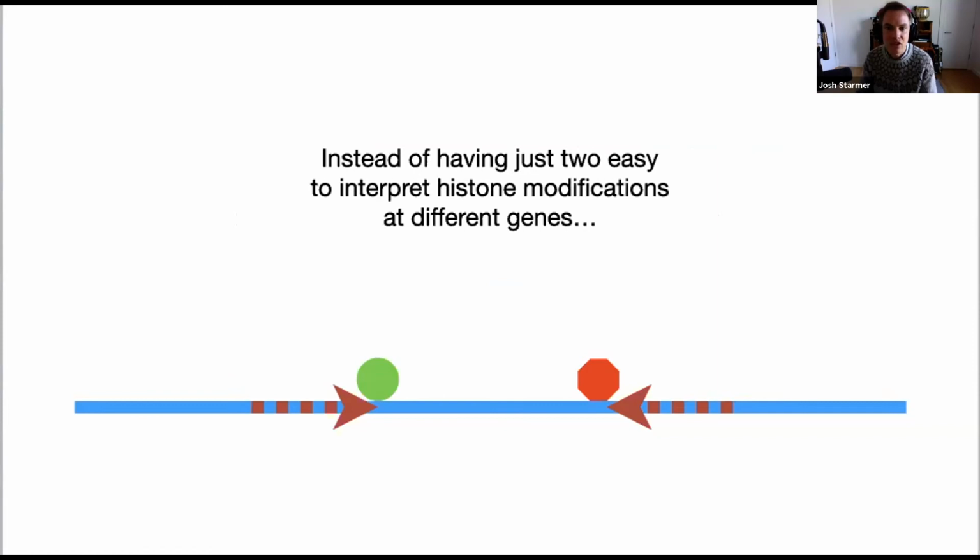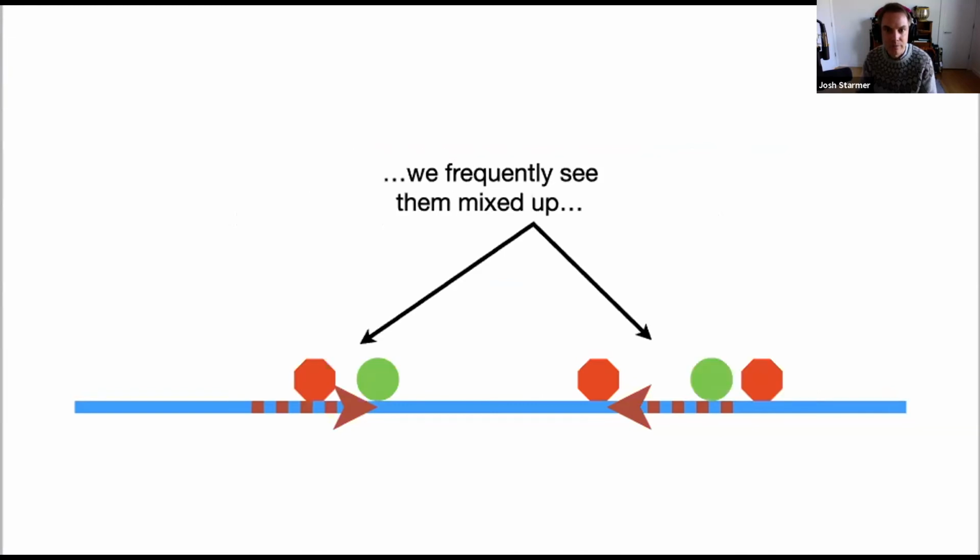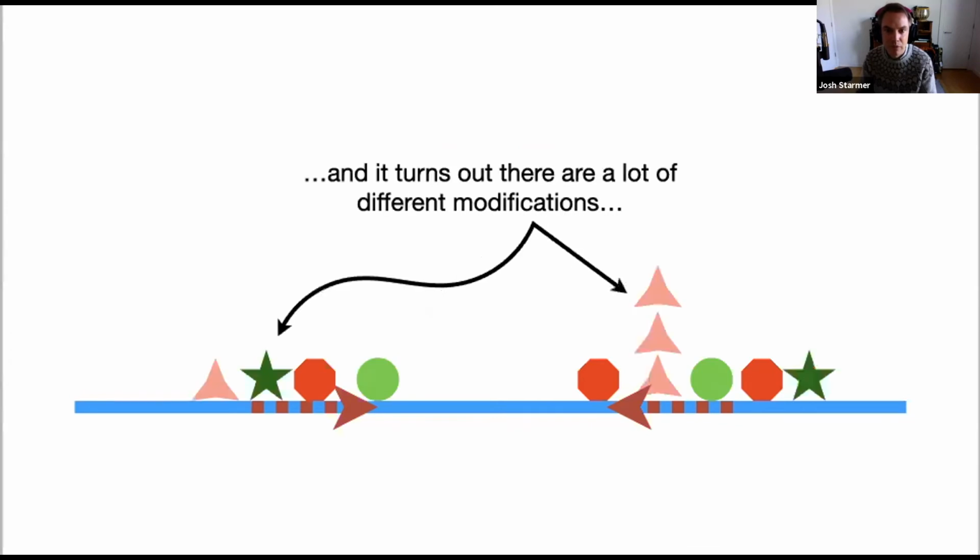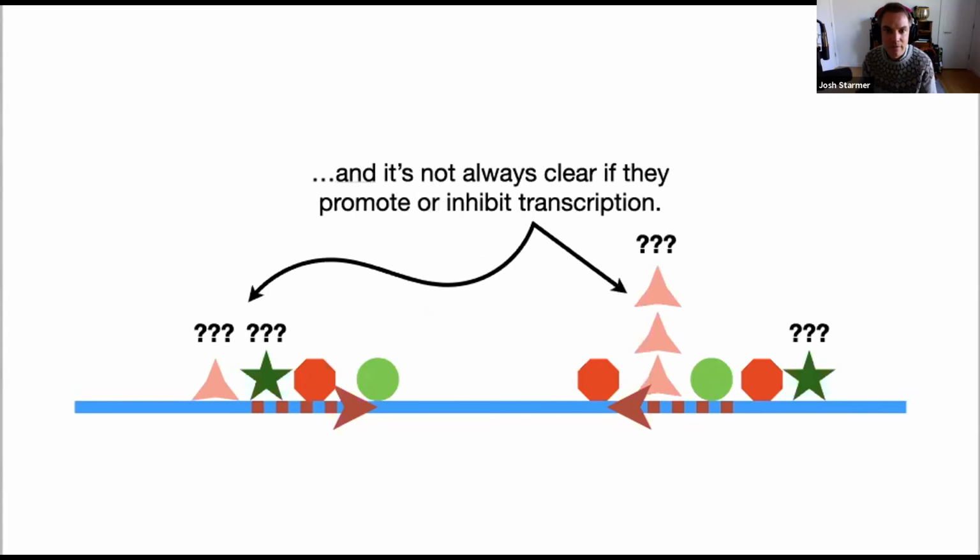Instead of just having two easy to interpret histone modifications at different genes, we frequently see them mixed up. And it turns out there are a lot of different modifications. And it's not always clear if they promote or inhibit transcription.